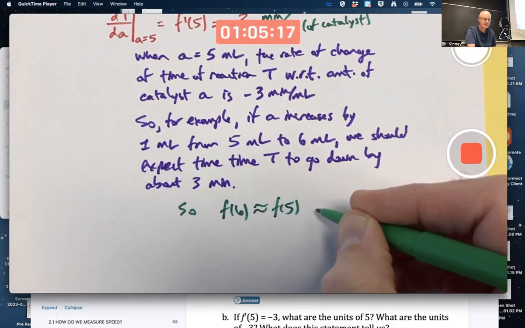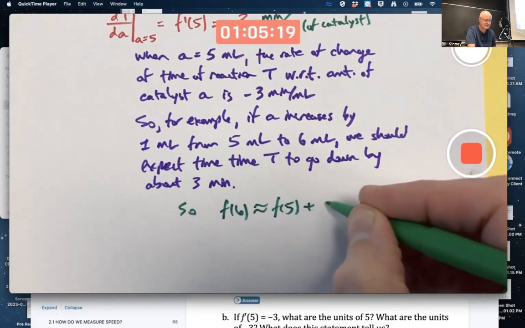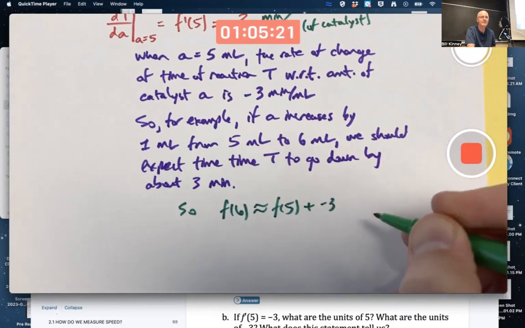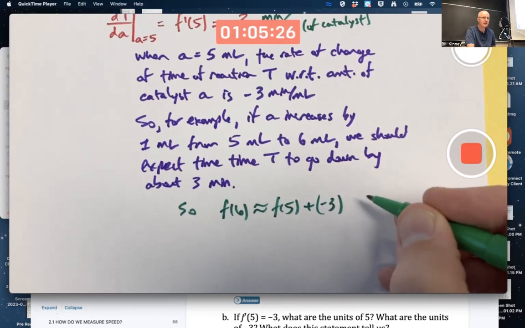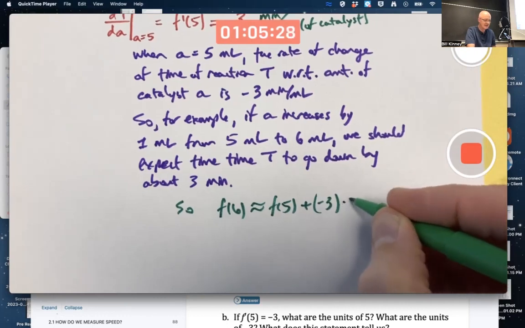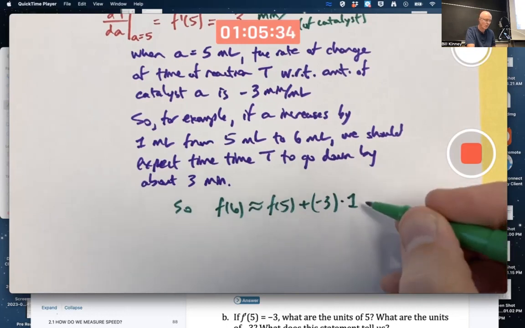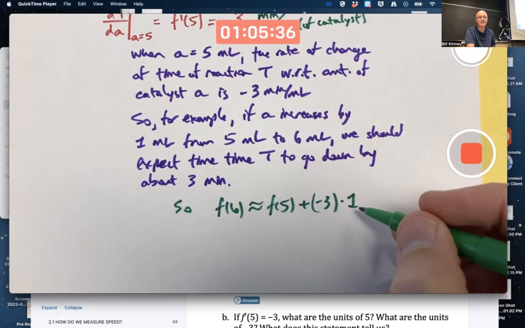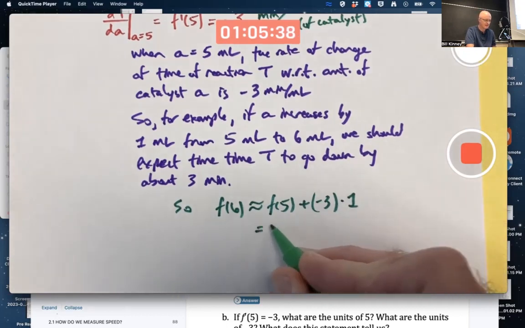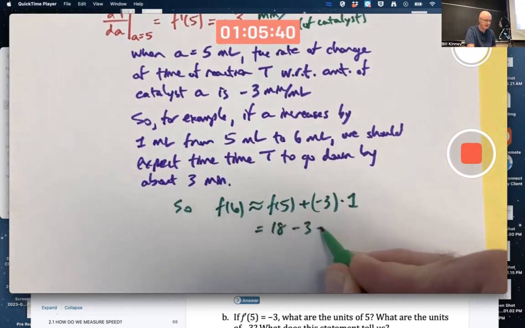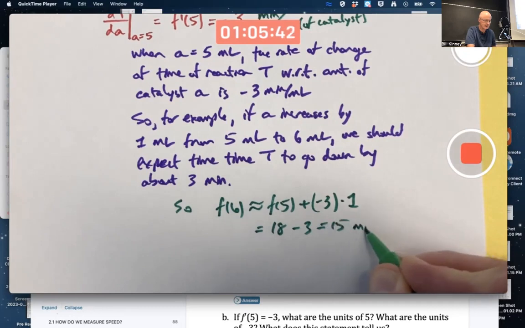It's going down by 3, so that's the same as plus -3. To be even a little bit more picky, I should say this is -3 times 1. Of course, that does equal -3, but I'm trying to emphasize 1 is the change in a. This is 18 minus 3 is 15 minutes.